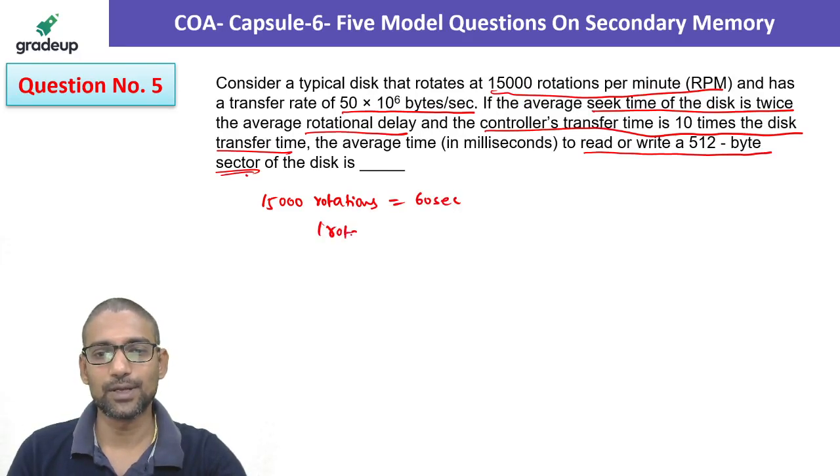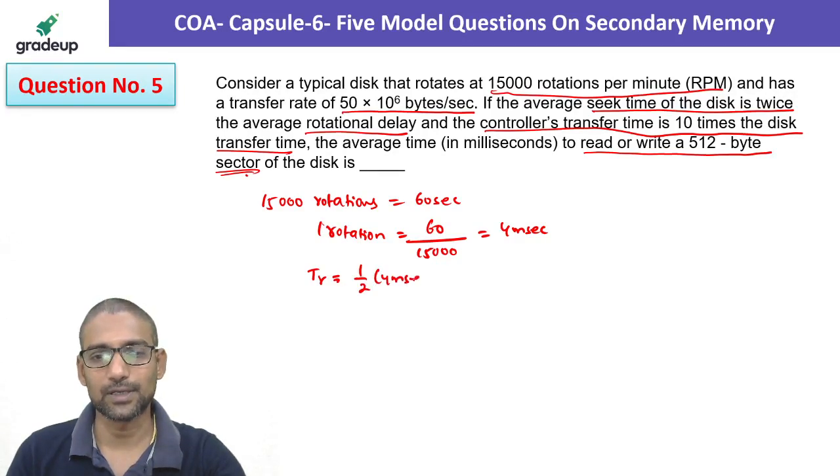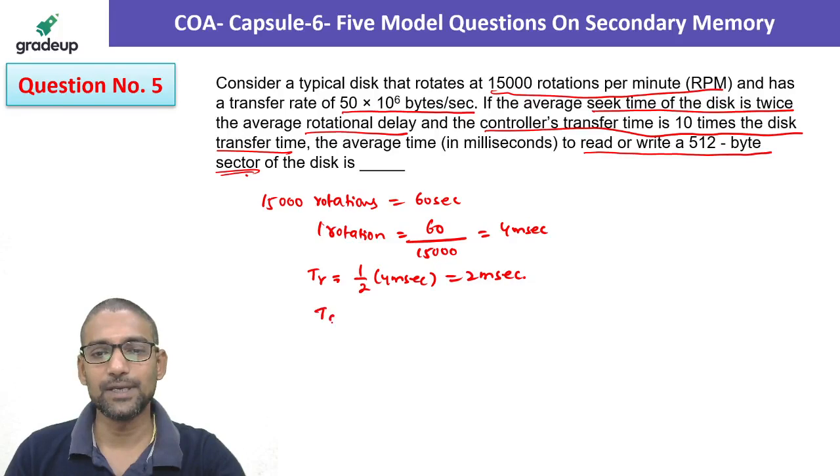So one rotation takes how much time? 60 by 15,000, that is 4 milliseconds. We know average rotational latency is half of one rotation time, that is 2 milliseconds. And it is given seek time is 2 times the average rotational latency. So what would be seek time? 4 milliseconds.